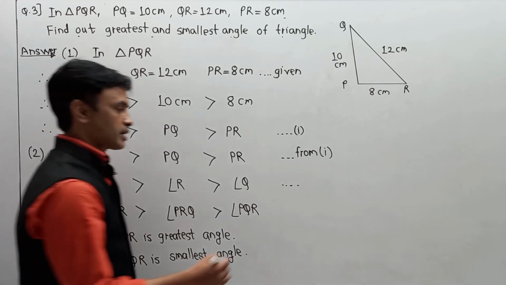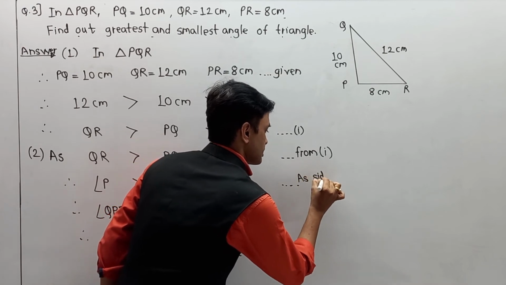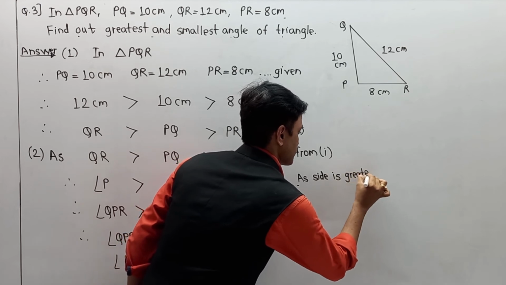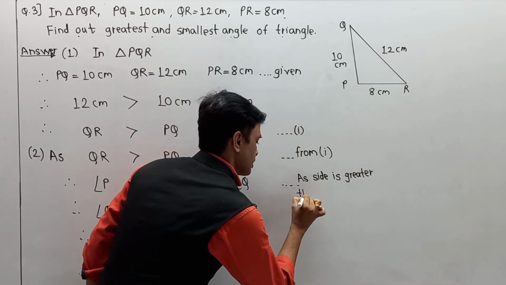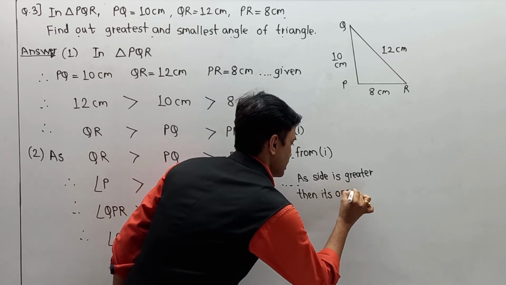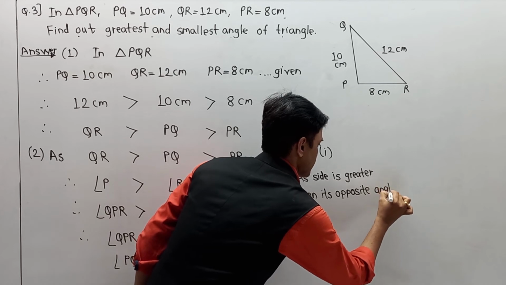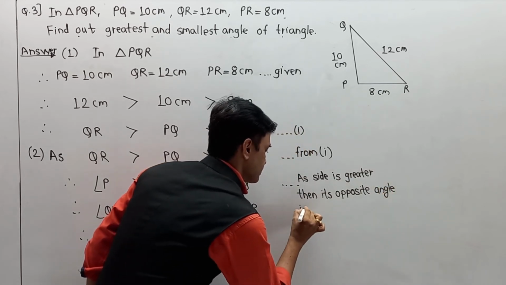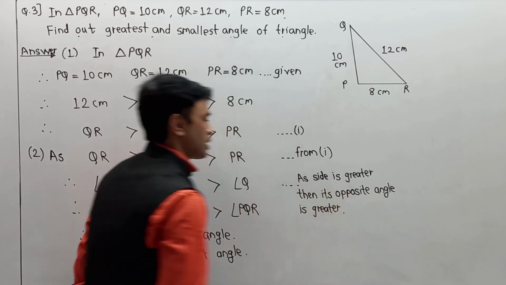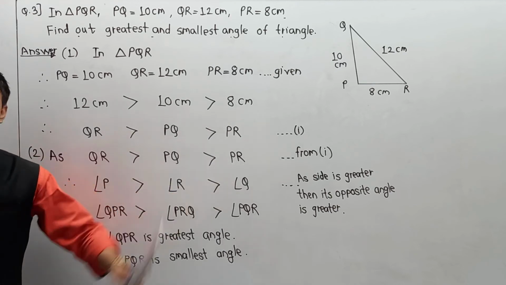So I am writing: side is greater then its opposite angle is greater. And in this way you can complete the entire part with the writing style and proper reasons.